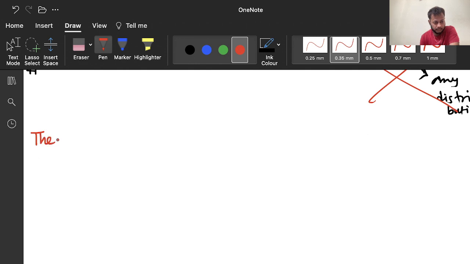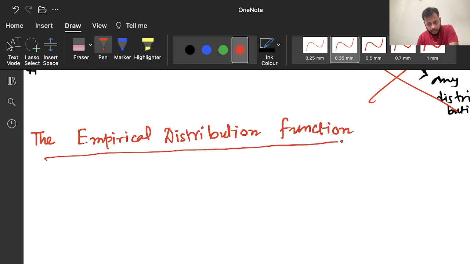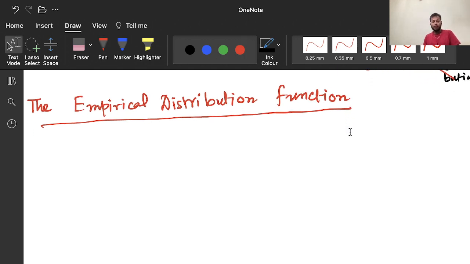The empirical distribution function. Since we don't know the distribution function and we don't want to make an assumption about the distribution function, let's see what the empirical distribution looks like from the observed data.